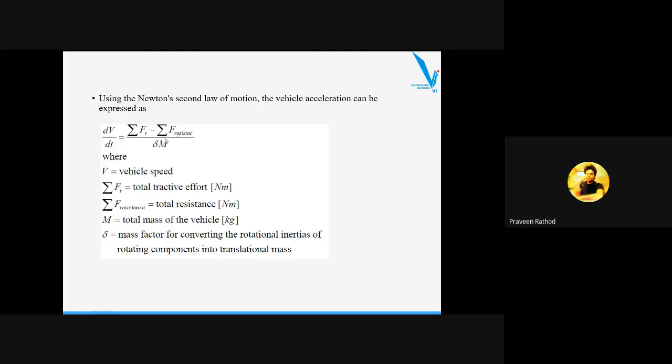The vehicle acceleration can be expressed like this, where v is the vehicle speed, Ft is the total tractive effort, F resistance is the total resistance, m is the total mass of the vehicle, and delta is the mass factor for converting into rotational inertia of the rotating components. Leave it, I have just written the equation.